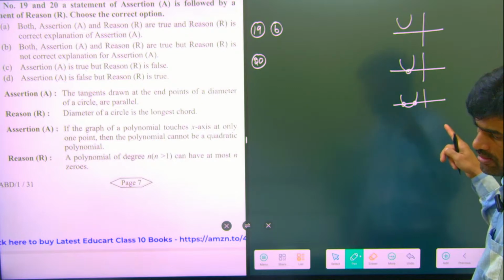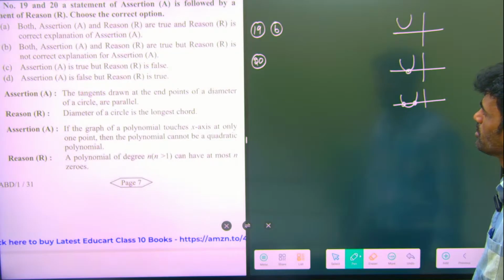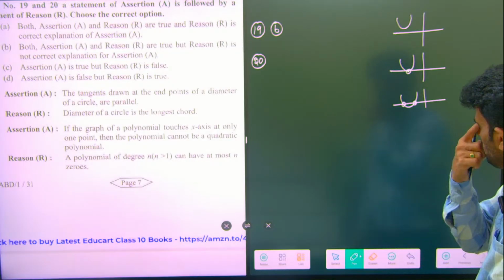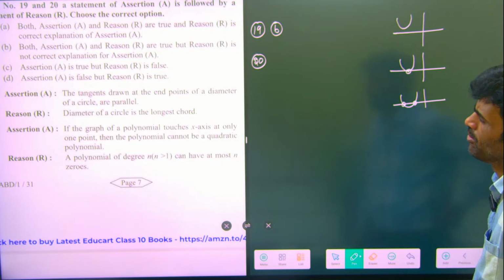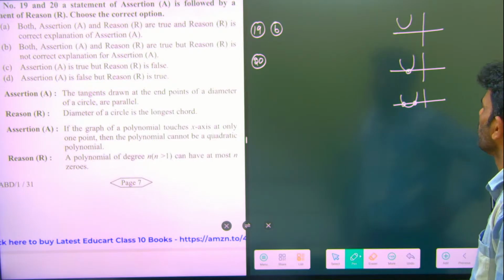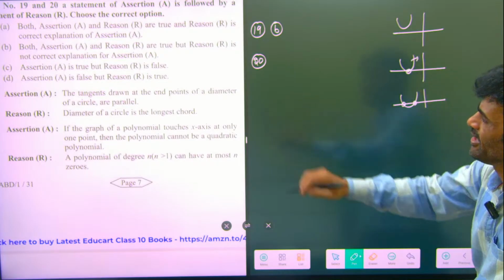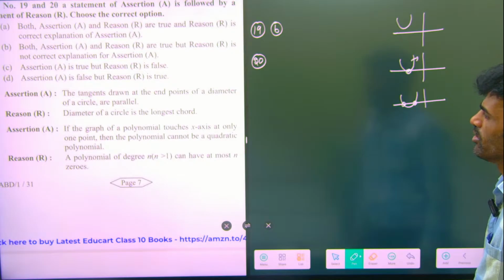But if it is a parabola, it represents a quadratic polynomial. So assertion is false, because he said when it is touching at 1 point, it is not a quadratic polynomial. See, it is touching at 1 point, but it is a quadratic polynomial. But he said it is not. So you should understand that statement properly, what he is saying.